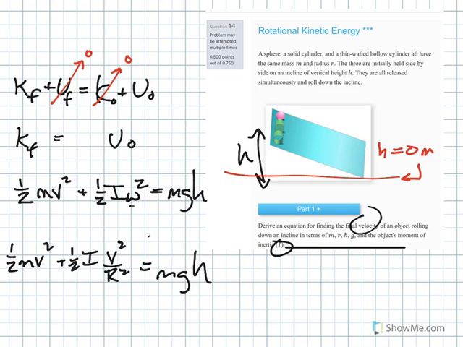So looking at this last one right here, we can factor out that V squared term, okay? So the bottom part here then becomes V squared. It's math time, folks.